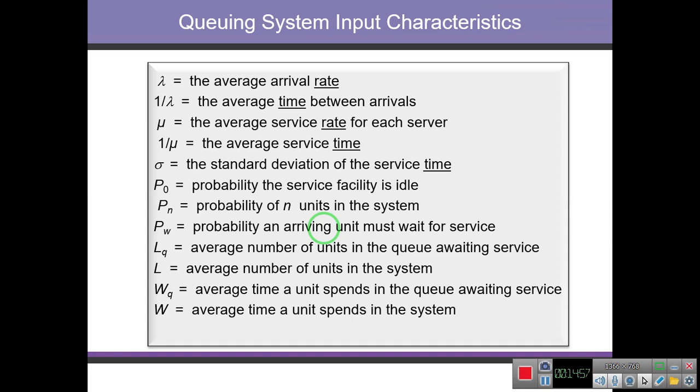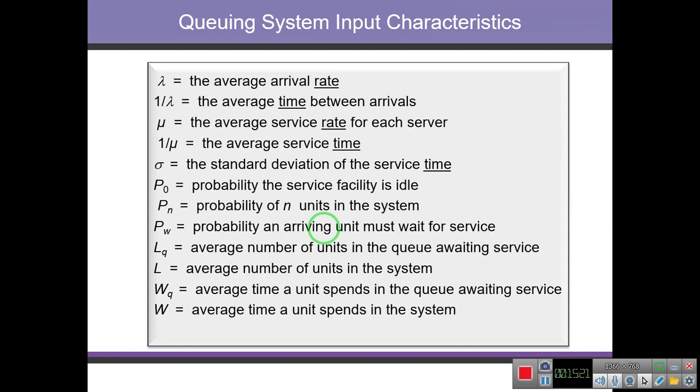I am not going to show you where these models came from and how we derive them. The math is very complicated, and there's no need for that. All I want you to do is to know that they exist, understand the different structures, and understand the lingo that we use in these systems.